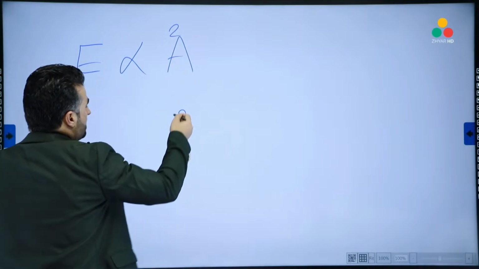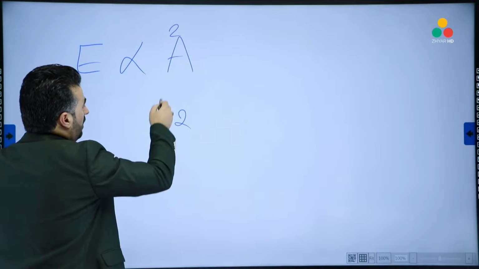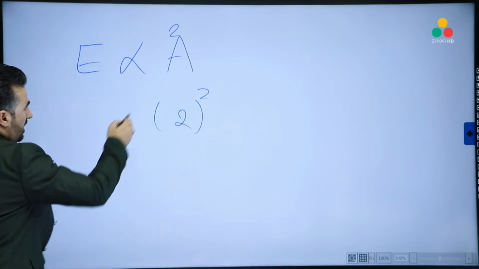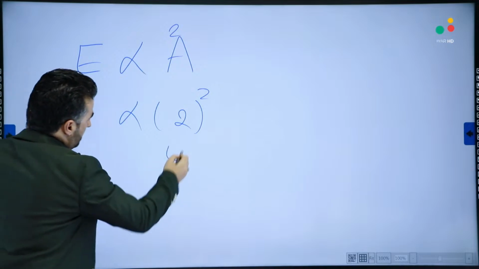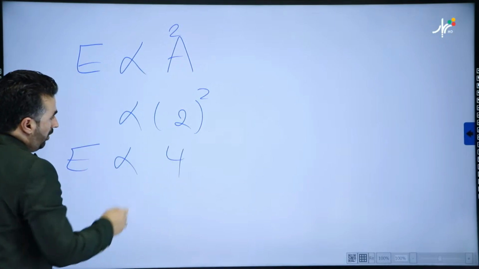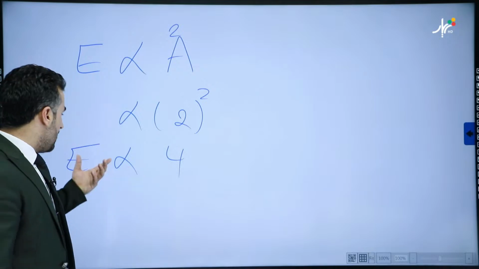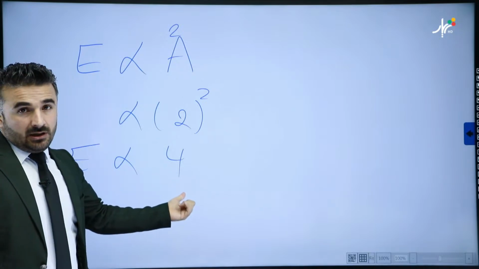If the amplitude is doubled, then 2 squared becomes 4. So the energy transfer will increase by a factor of 4.